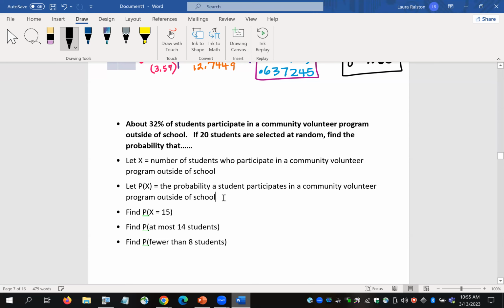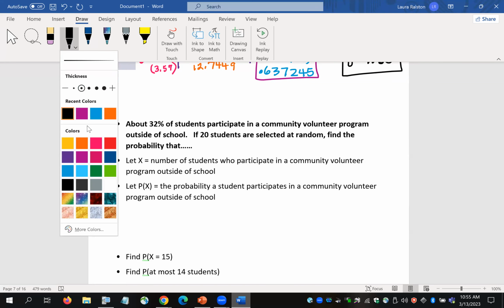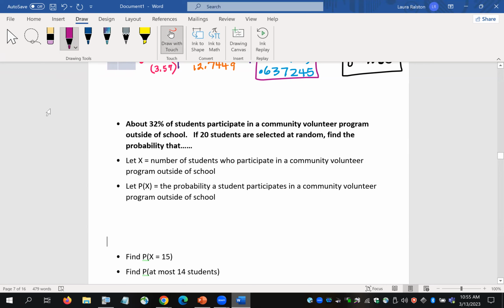Before we actually start working these problems, let's think through the guidelines for whether or not this is a binomial distribution. To be a binomial distribution or binomial experiment, the first one is you have to have a fixed number of trials.